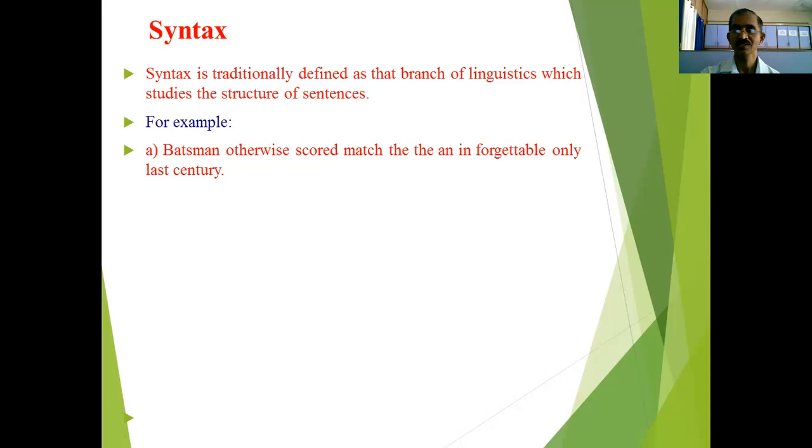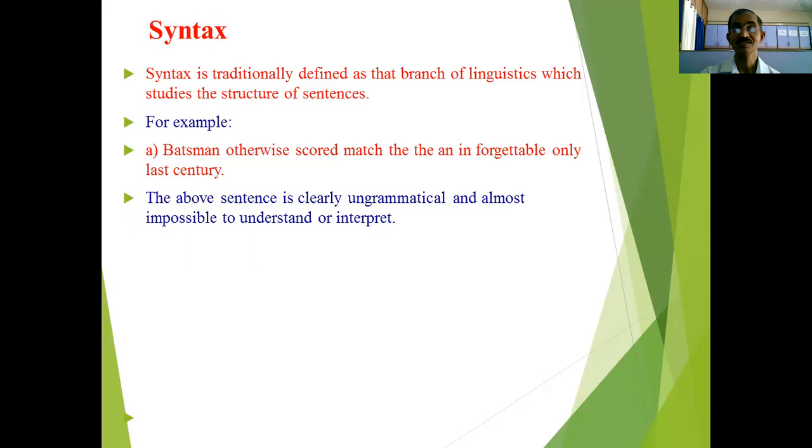Did you get the meaning? What do you think about this sentence? Can you call it a sentence? This sentence is clearly ungrammatical. It is almost impossible to interpret, because it is ungrammatical.